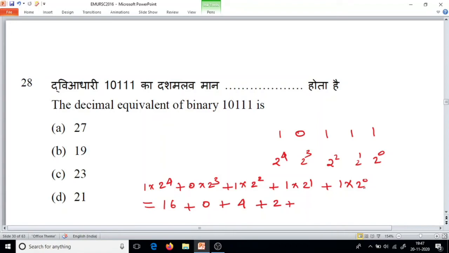Any number to the power 0 equals 1. Now 16 plus 4 is 20, 22, 23. So it is 23 to the base 10. So the answer is option C.